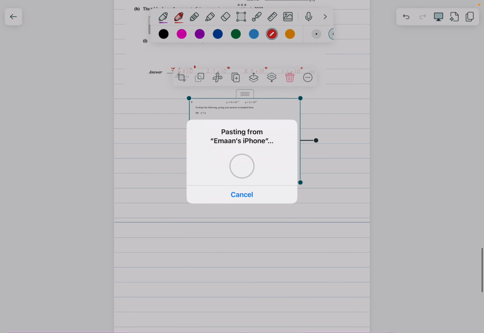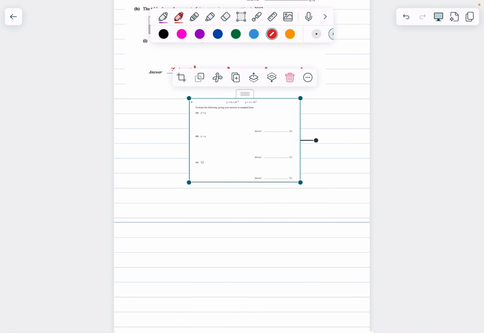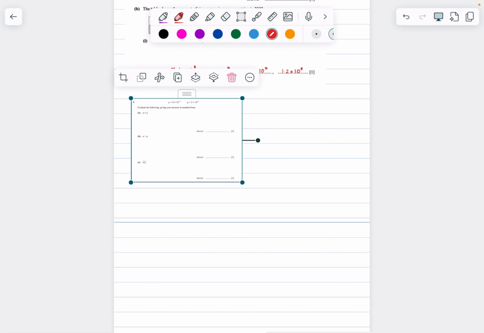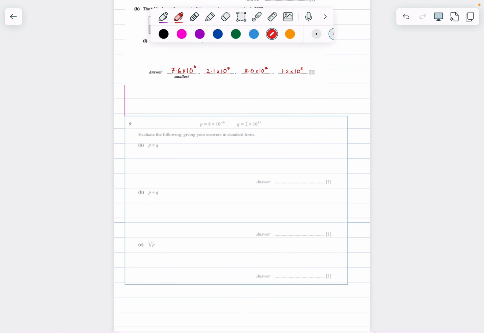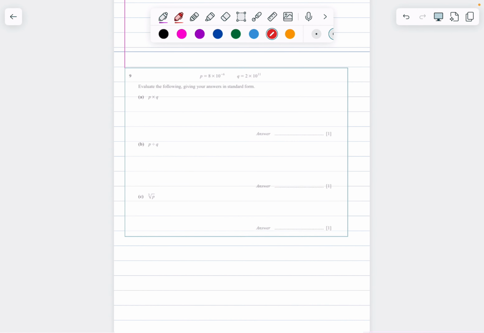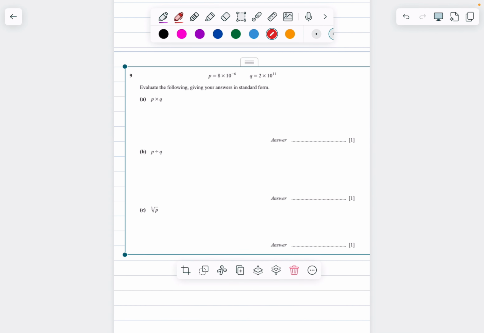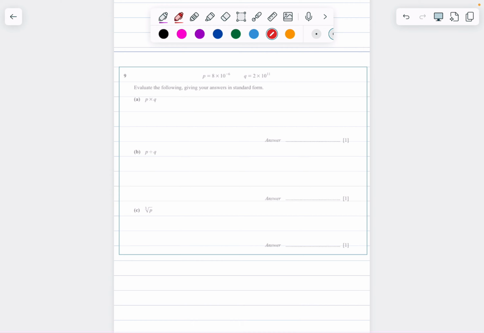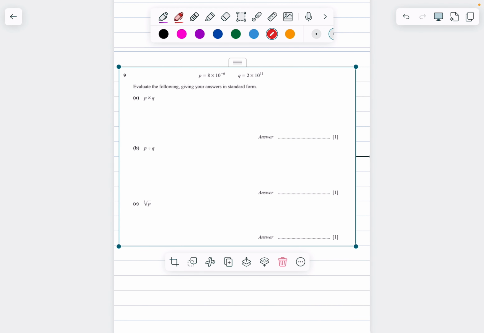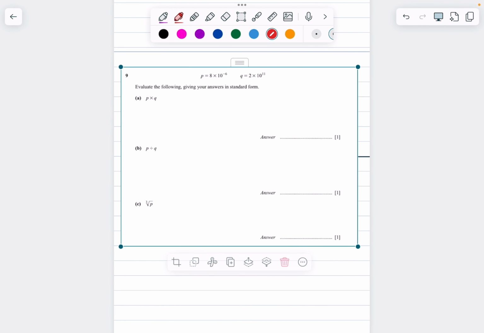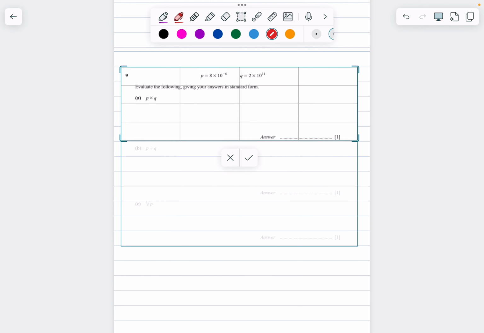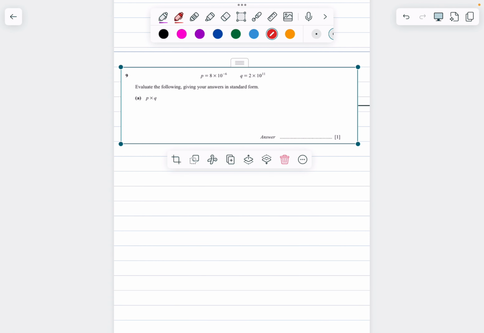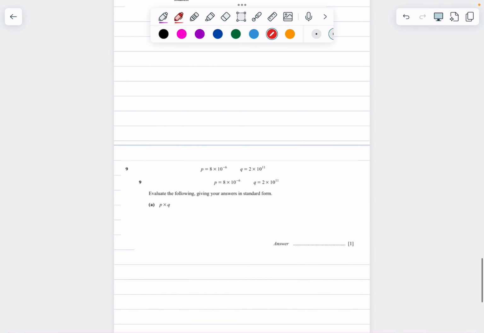Let me paste it here. Okay, let's have a look. इसके 3 parts हैं A, B and C. ठीक है, A and B part are going to be very easy, but I'm going to do all of them as promised with you. ठीक है, just let me make it big enough for us to see. Just 1 minute, एक part को ऊपर ले जाएं, बाकी 2 parts हम नीचे लिख लेंगे.